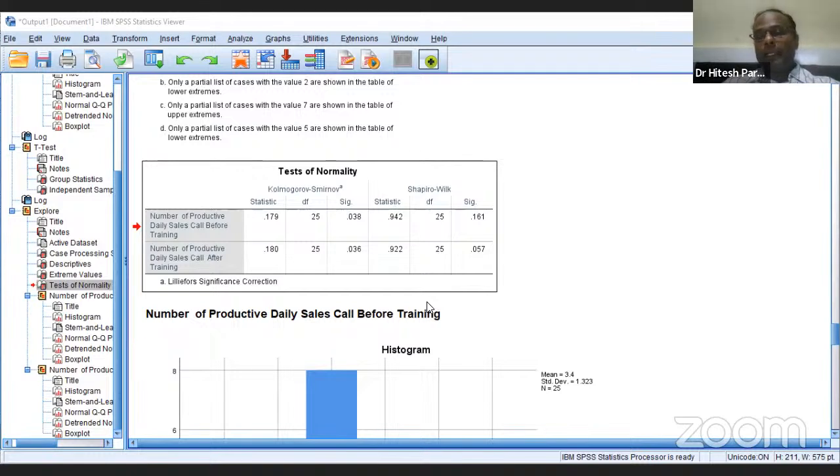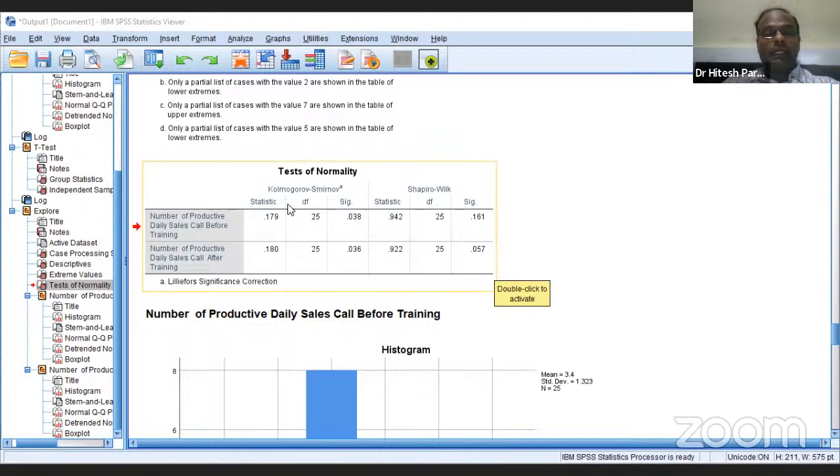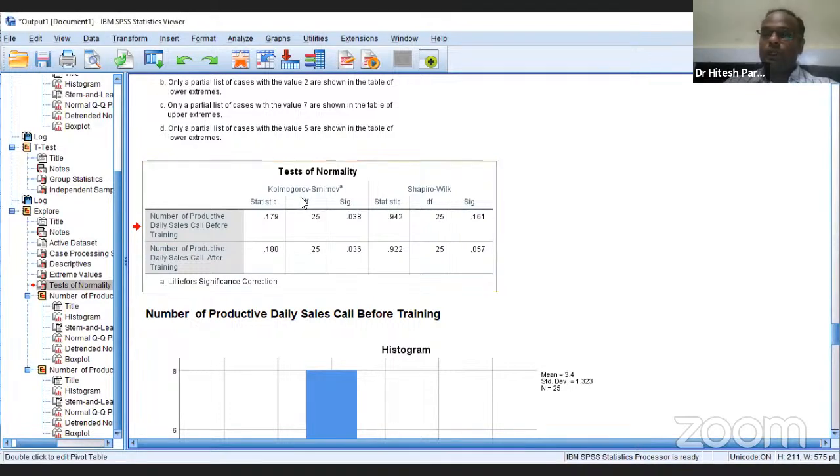So based on Shapiro-Wilk, it is normal. Based on the KS test, it is not. So these results are contradictory. Shapiro-Wilk says it is normal, KS says it is not normal. So we need to check the additional statistics.